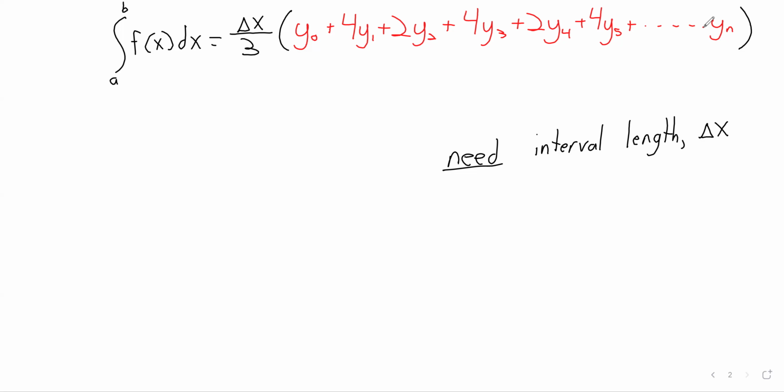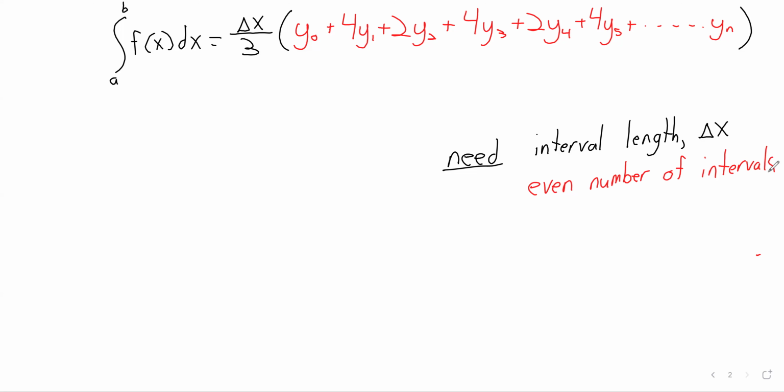But Simpson's rule has another strict requirement that the other rules, the midpoint rule and the trapezoidal rule, do not have. With the midpoint rule and the trapezoidal rule, we could have as many intervals as we want.